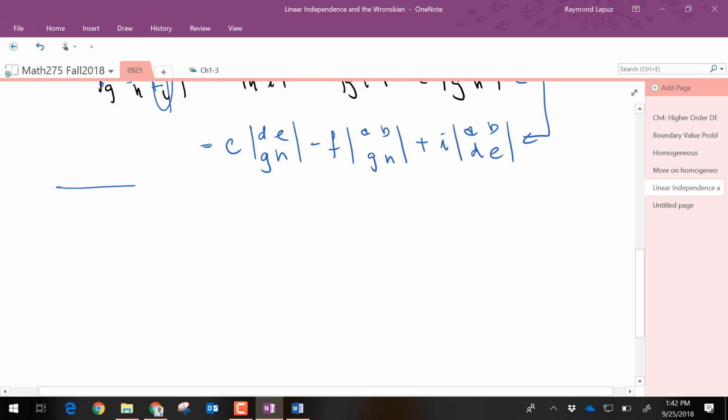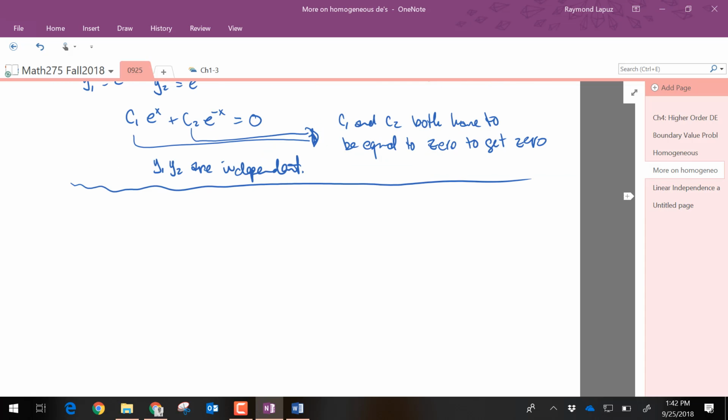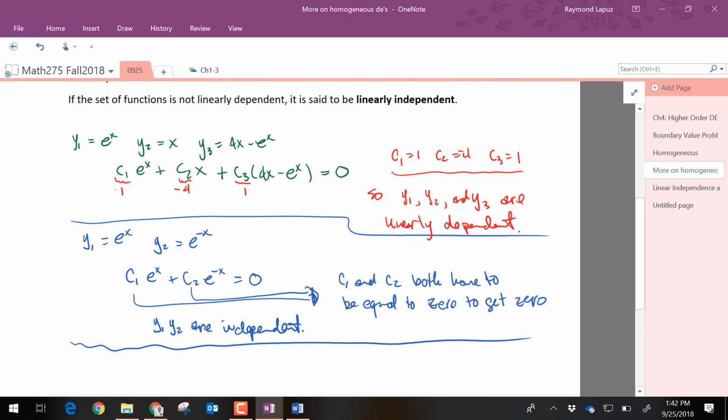Instead, what we're going to do is take a look at our 2 examples, and hopefully we can do this quickly. Our 2 examples that show that things are independent or dependent. So let's start off with e to the x and e to the minus x.